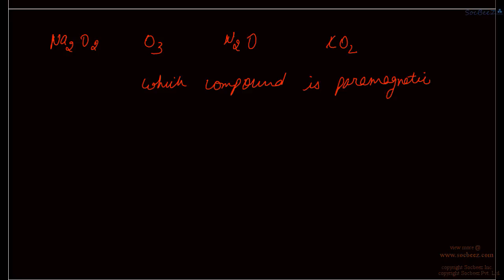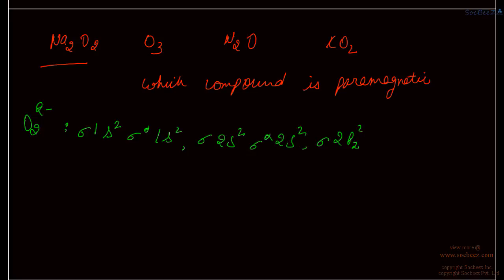Okay, so in case of O2 2 negative, let's see how the electrons are getting filled. Since the oxygen is in the form of O2 2 negative, the electrons are filled as sigma 1s2, sigma star 1s2, sigma 2s2, sigma star 2s2, sigma 2pz2, pi 2px2, whose energy is almost equal to pi 2py2.